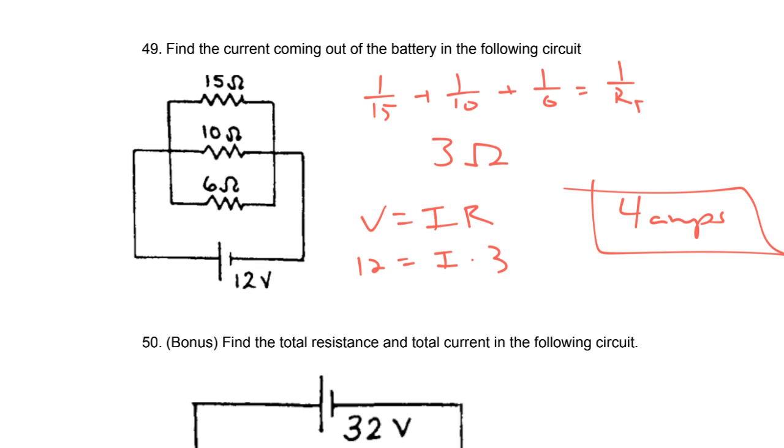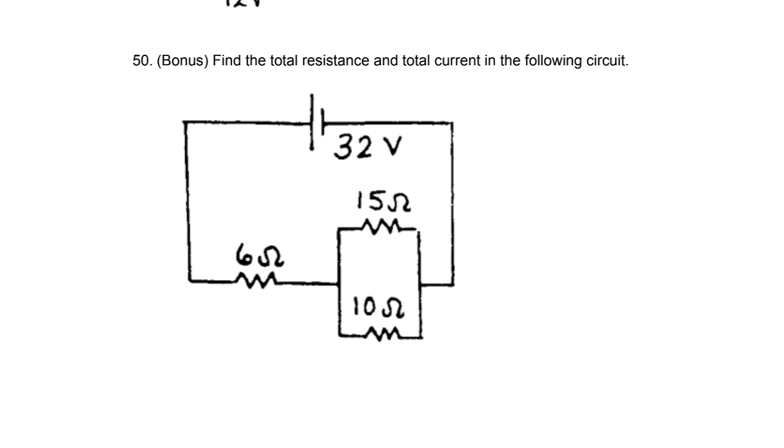All right, now what do we do if there's kind of a combination? Well, let's figure out the resistance of the parallel by doing 1 over 15 plus 1 over 10 equals 1 over that total resistance. Then invert that, and we get that this section here will offer 6 ohms of resistance.